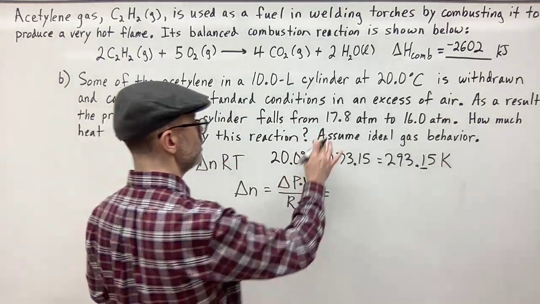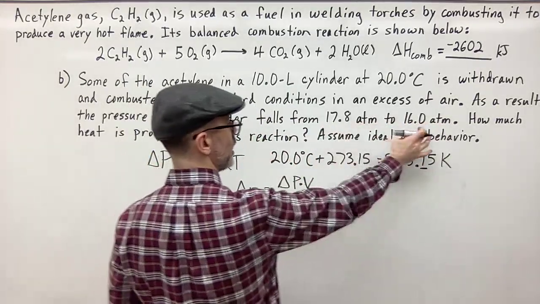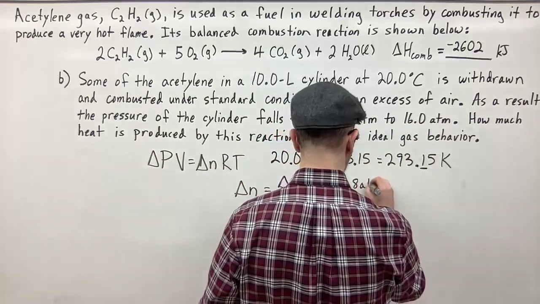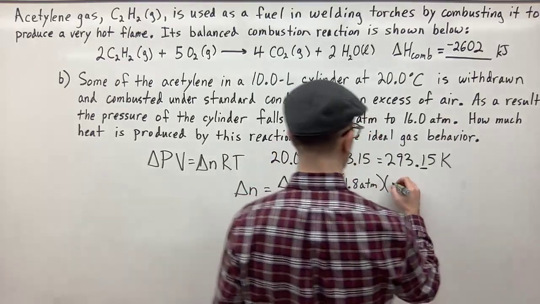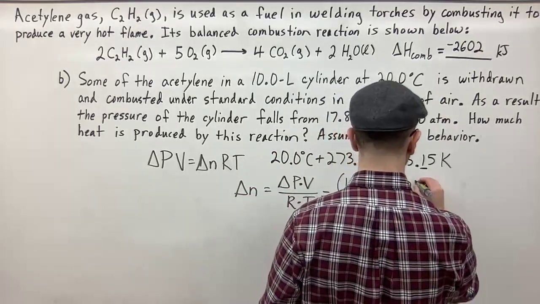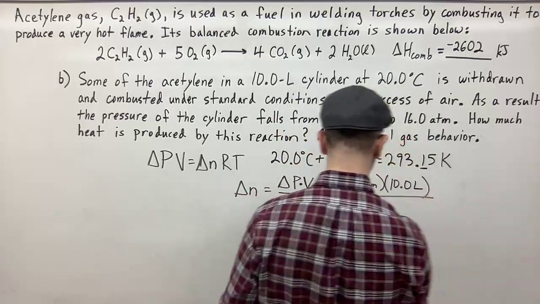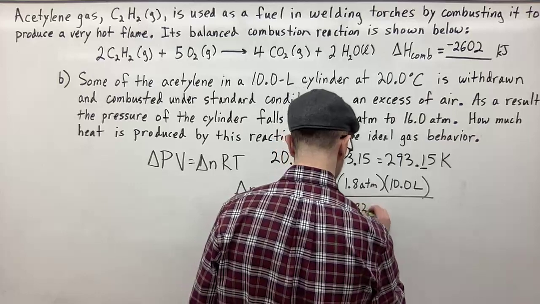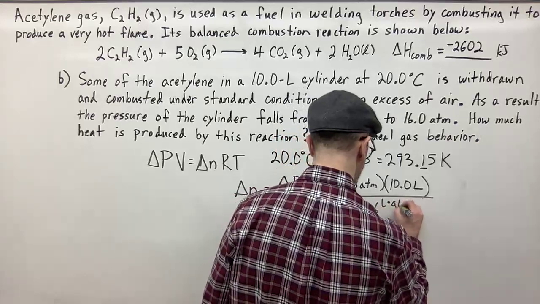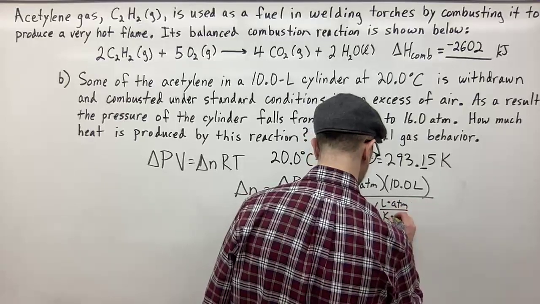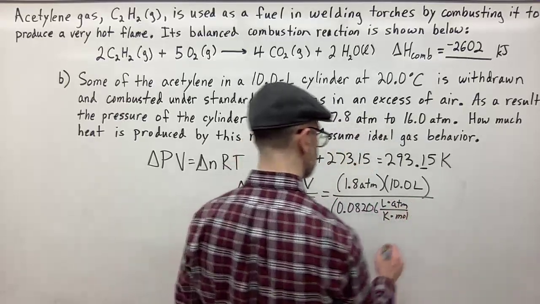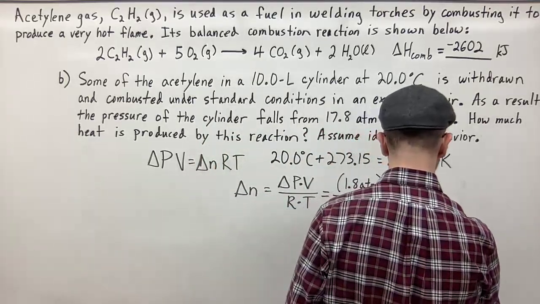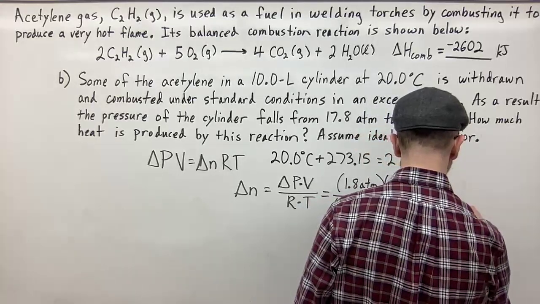So here, the change in the atmospheres is going to be 1.8. So that's going to be 1.8 atmospheres times the volume, which is 10.0 liters, divided by R, which is going to be 0.08206 liter atmospheres over Kelvin mole, multiplied by the temperature, which is 293.15 Kelvin.